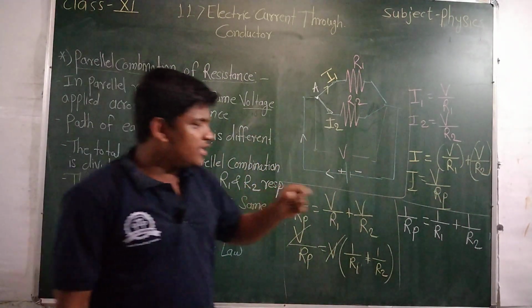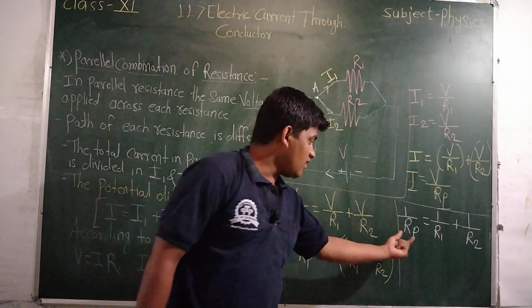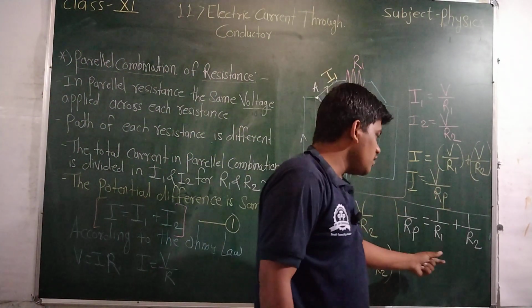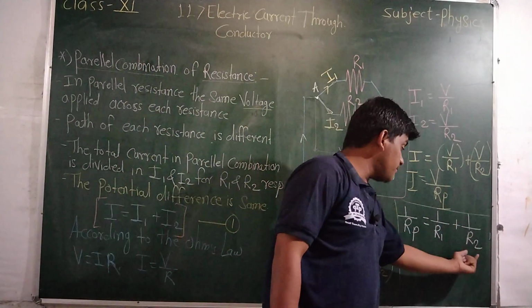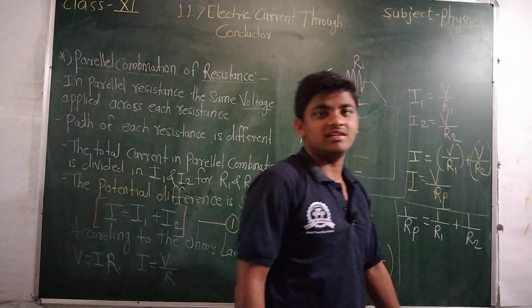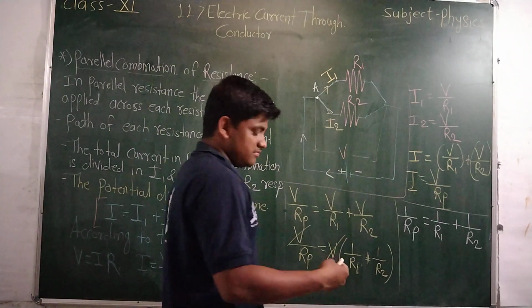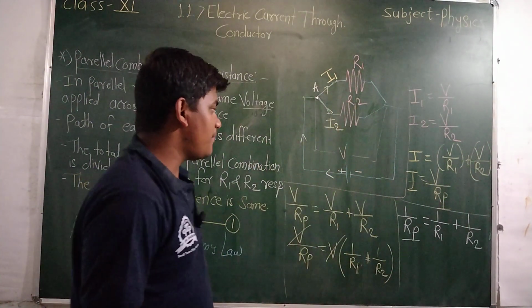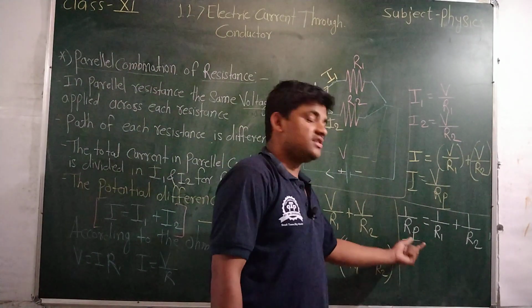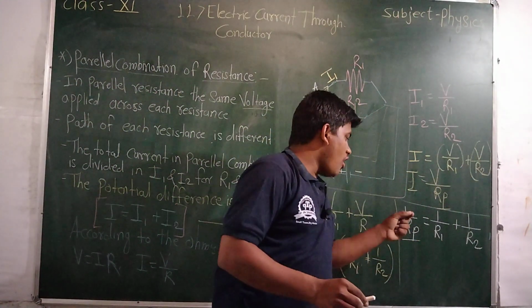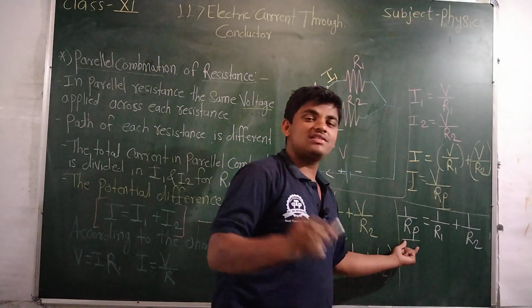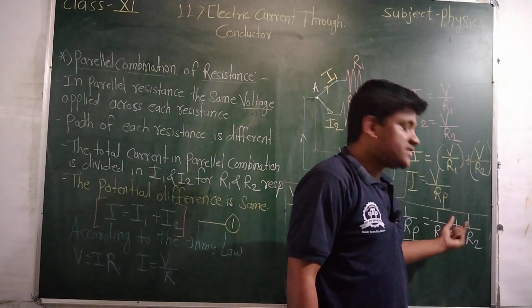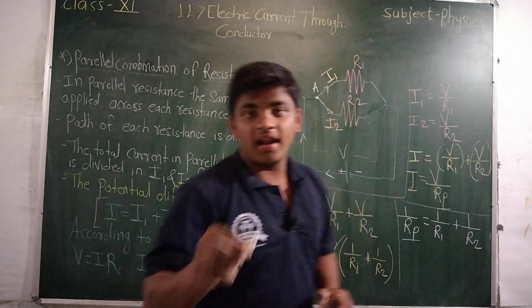From this equation, the reciprocal of the equivalent resistance Rp is equal to the sum of the reciprocals of each individual resistance.